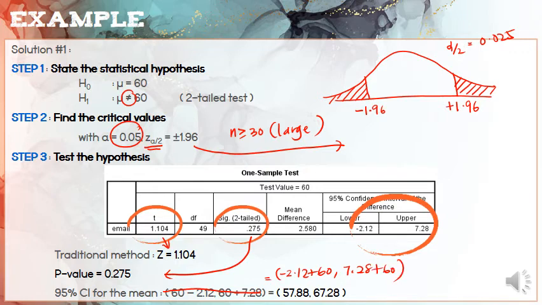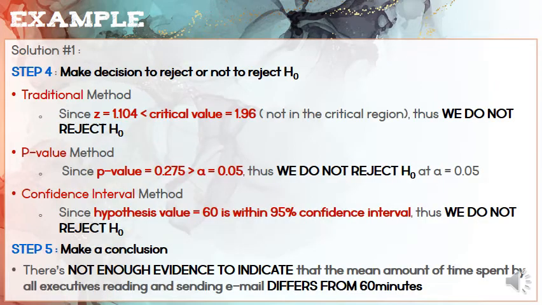Okay, bila dah siap step 3, kita masuk step number 4. Okay, so kita tengok how to make decision, based on the 3 methods. If kita nak pakai traditional method, macam mana nak decide?